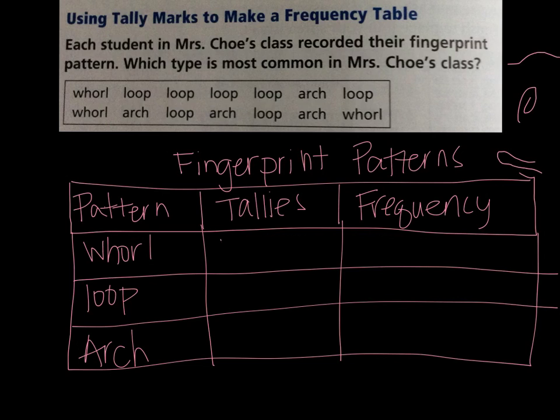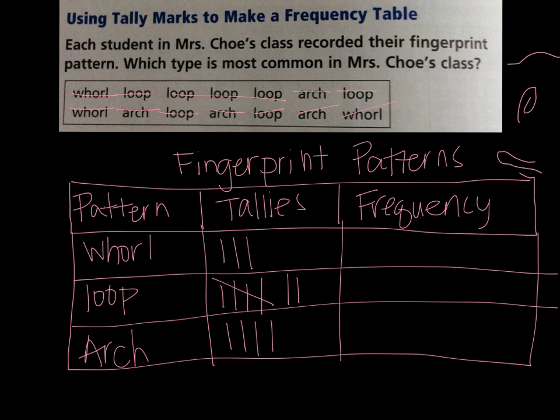So I have 1 whirl, 1 loop, 2, I have 1, 2, 3 more loops to add. 1, 2, 3. I have an arch, I have another loop, I have a whirl, I have an arch, I have a loop, I have an arch, loop, arch, whirl.